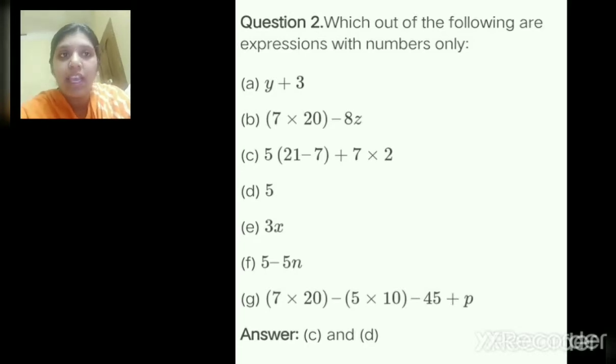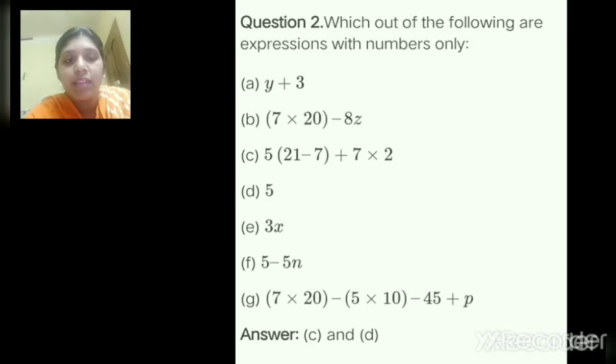Now second one, 8z. Z is also a variable, so it is also not an expression with numbers. Now C. If you see, you have only numbers. So C is an expression with only numbers. Now D, we have only 5, so it is an expression with numbers.